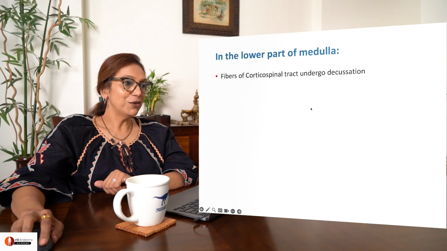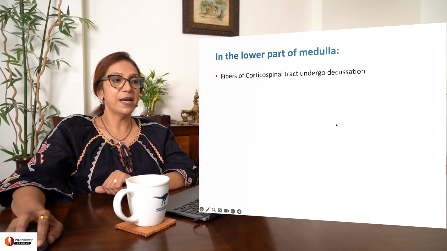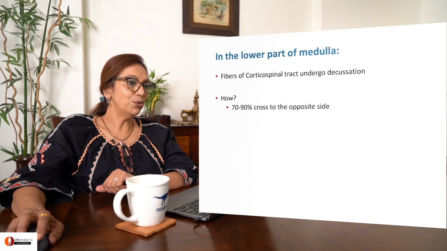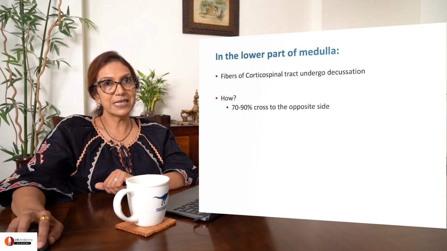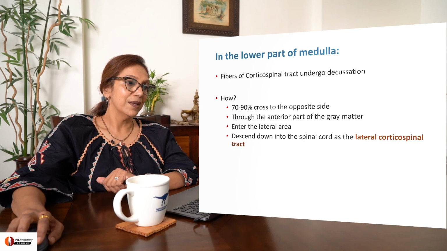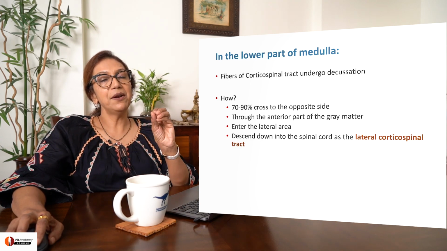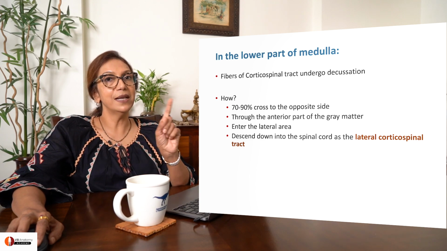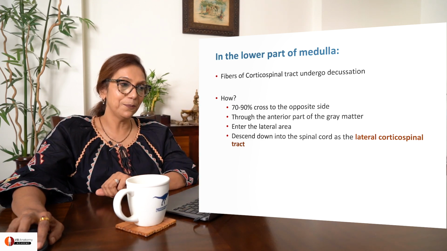So, in the lower part of medulla, fibers of corticospinal tract undergo decussation such that 70 to 90% cross to the opposite side, descending down through the gray matter, descending down as the lateral corticospinal tract. Those who have studied the spinal cord will understand that there is this tract there.